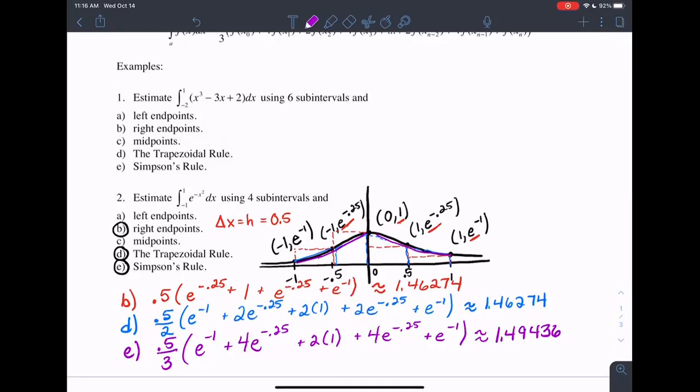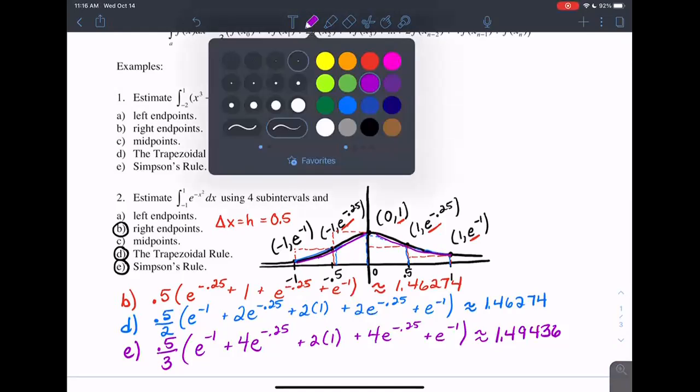And if we go off to our calculator or Mathematica or whatever and just use our integrate function, integrate from -1 to 1, e to the minus x squared dx. My calculator says this.